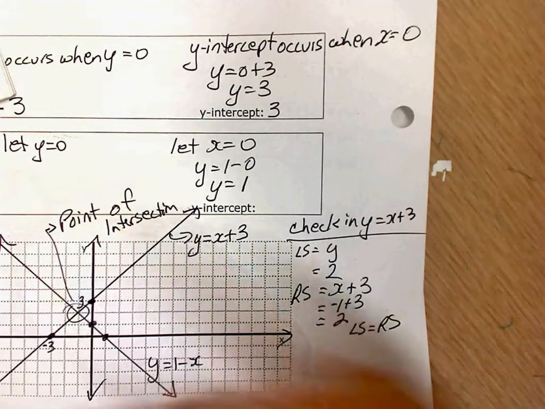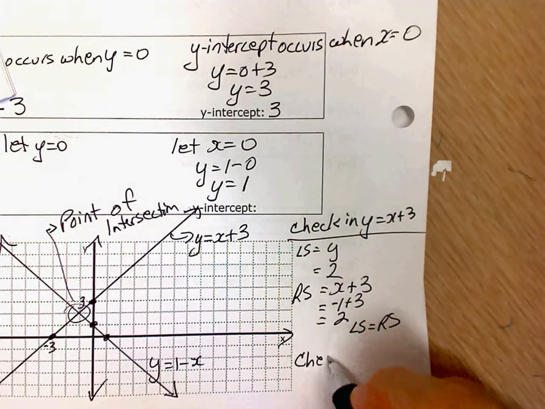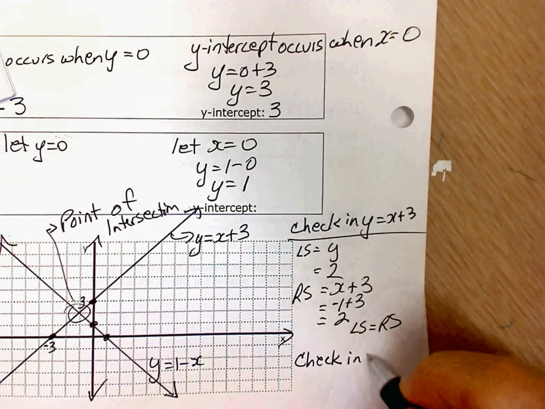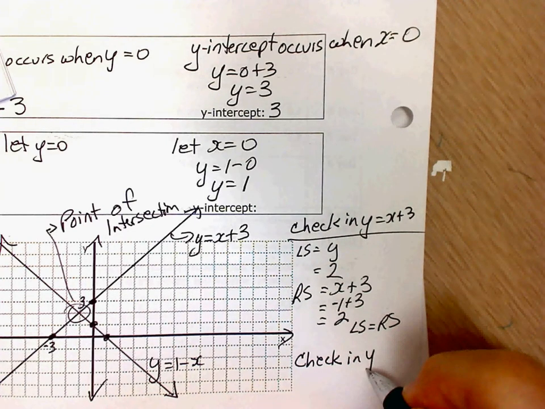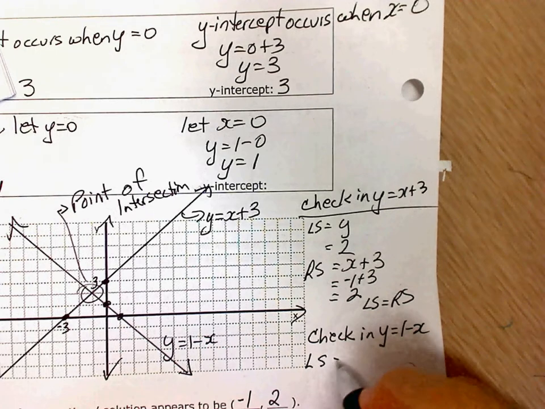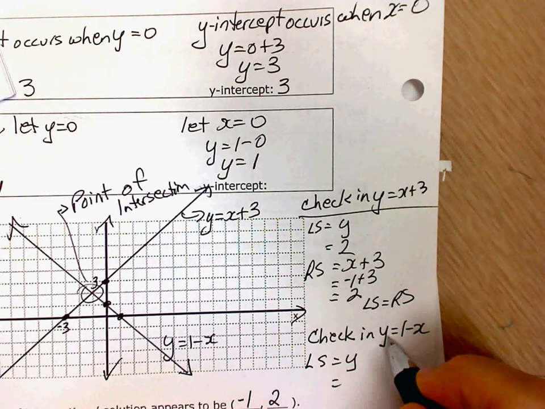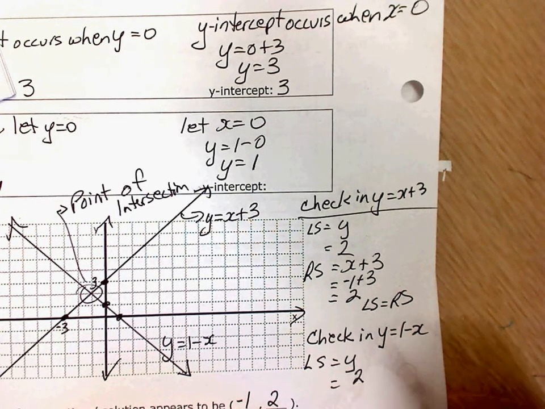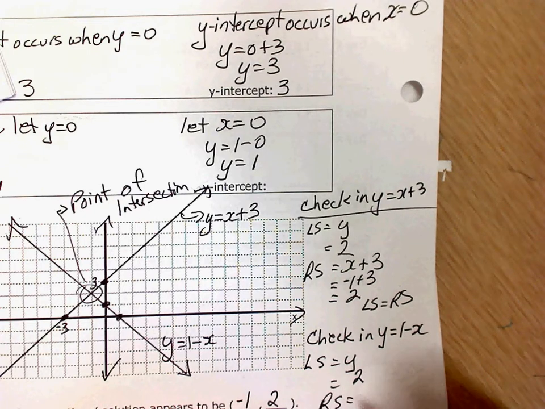So we will check in y equals 1 minus x. Okay, left side equals y, and that equals 2.